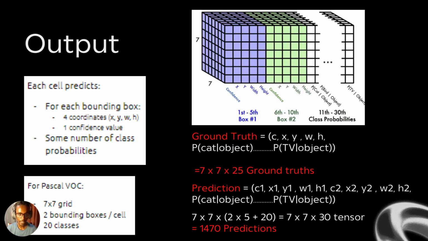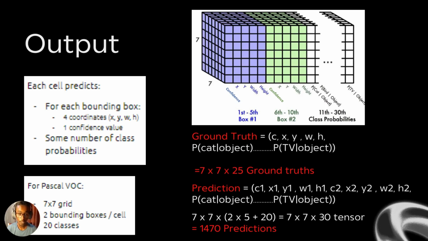So the probabilities of the cat, given that it's an object, for the 20 classes, we're going to have 20 different predictions. And the confidence score just tells us whether there is an object within the box. So in total, if we have a 7x7 grid, we have 25 values to represent: 4 for the coordinates, 1 for the confidence score, and 20 for the class predictions. In total, we have 7x7 by 25 ground truths.